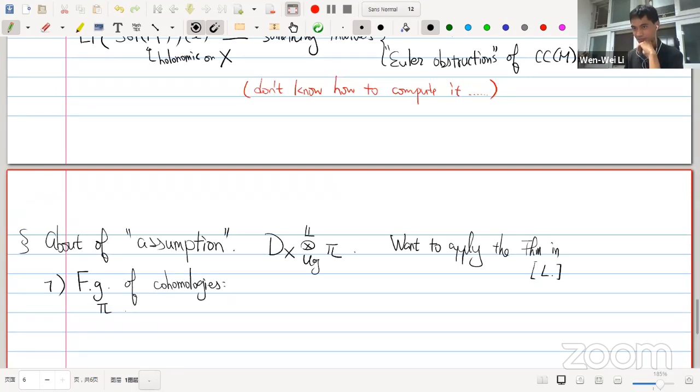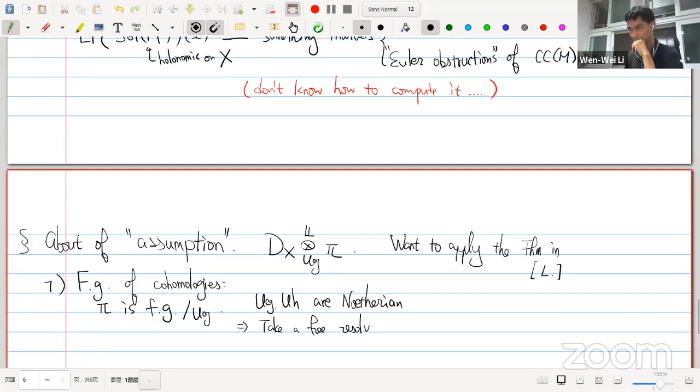This is the easiest part because π is finitely generated over U(g), and U(g), U(h), all these enveloping algebras are known to be Noetherian on the left and on the right. So you can take a free resolution of π, free and finite, meaning each term in this resolution is free of finite rank.